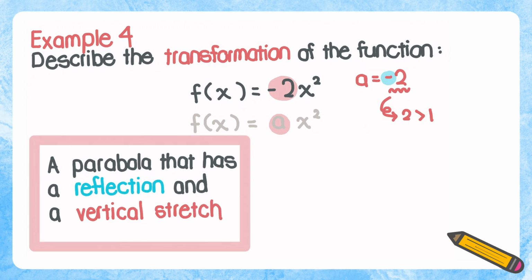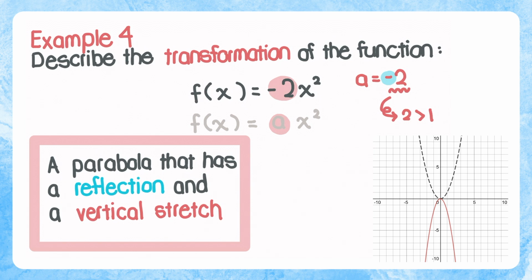So we have a parabola that has a reflection and a vertical stretch. What does the graph look like? So here, notice that the parabola is reflected and it's also a little bit narrower compared to the original parent function.